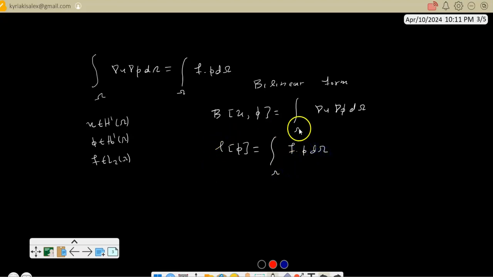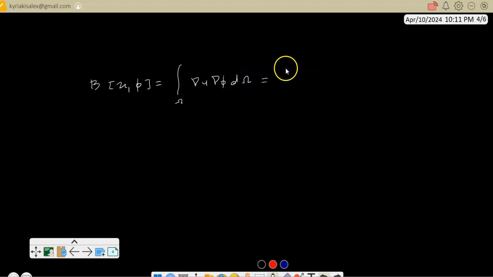For the Lax-Milgram, I will need the bilinear form, which is the integral over omega of grad u grad phi d omega. This is also grad phi grad u d omega. So it's B(phi, u). This bilinear form is symmetric.